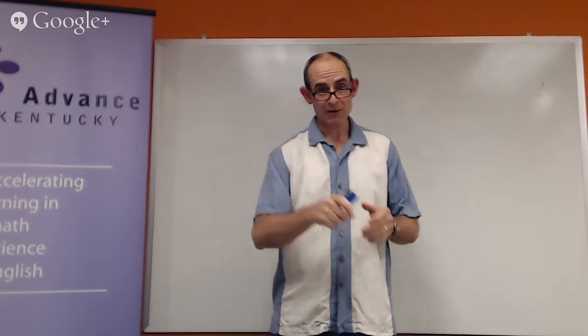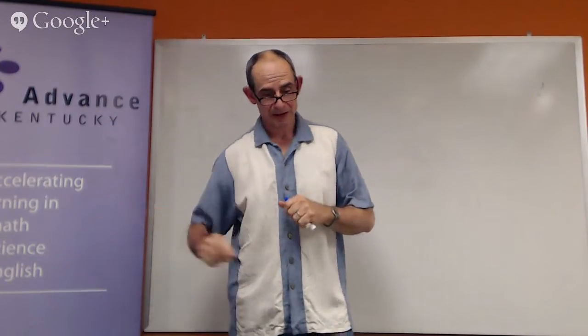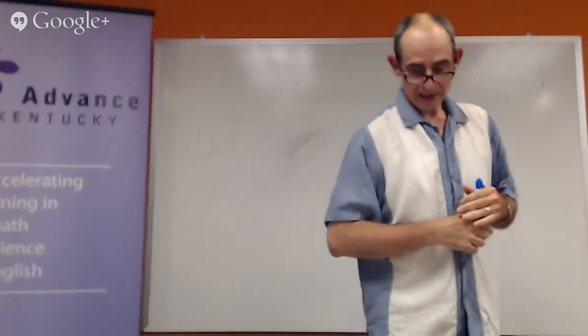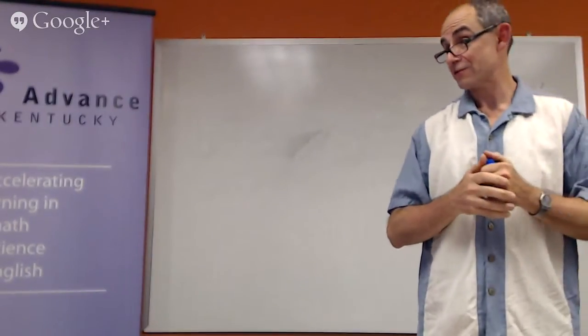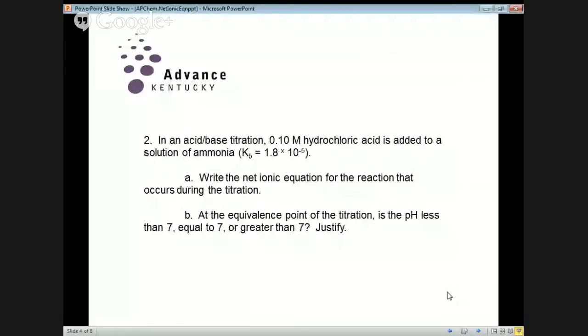So let's look at one more problem from that sample problem, and this might be an acid-base problem. So we'll go to the next slide, and here's an acid-base titration where 0.10 molar hydrochloric acid is being added to a solution of ammonia, and most of you probably know that ammonia is a weak base. If you had forgotten that, the fact that you're given a base dissociation constant for ammonia would be a good hint.